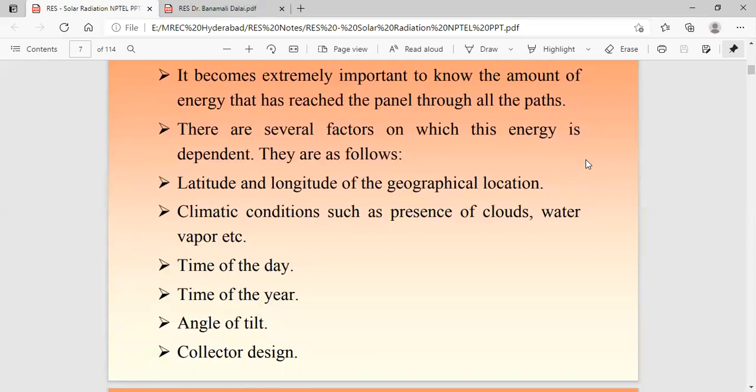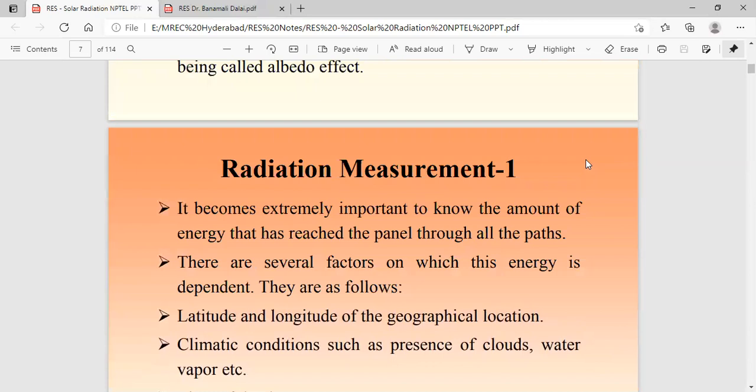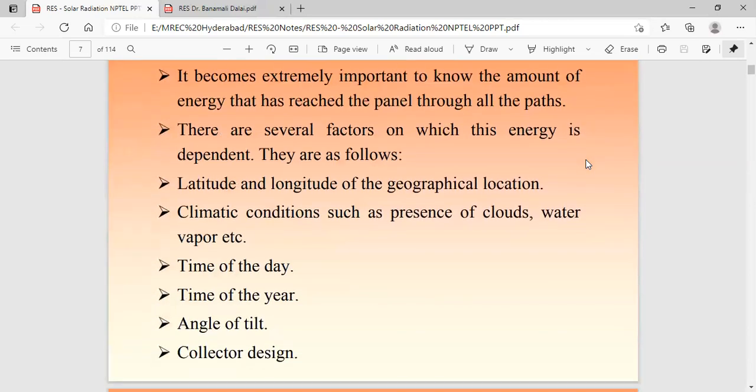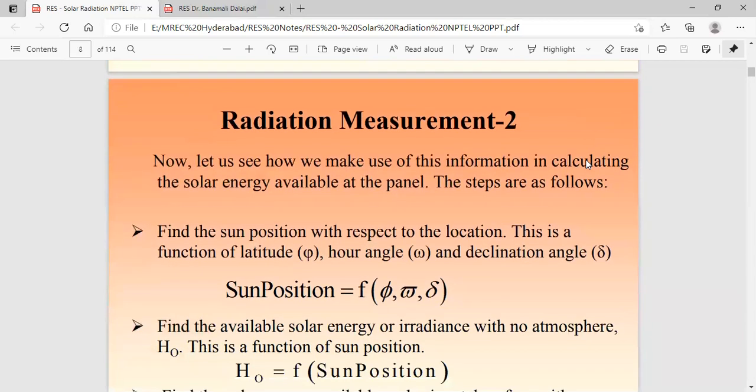They are as follows: latitude and longitude of the geographical location, climate conditions such as presence of clouds, water vapor, etc., time of the day, time of the year, angle of tilt, and collector design. So these are the parameters considered for the design of the solar radiation measurements.